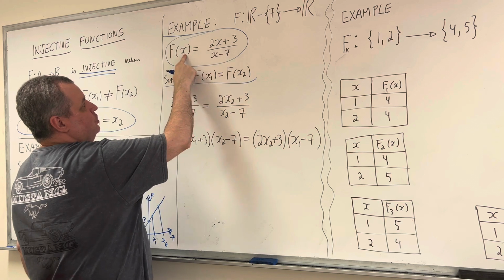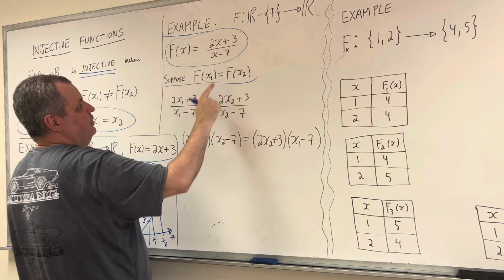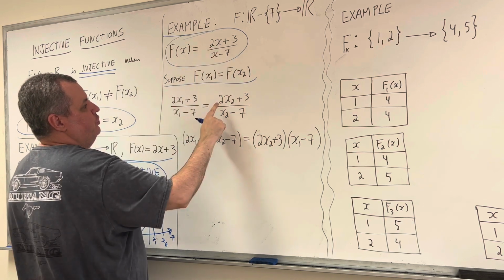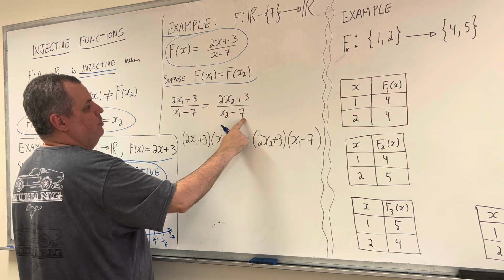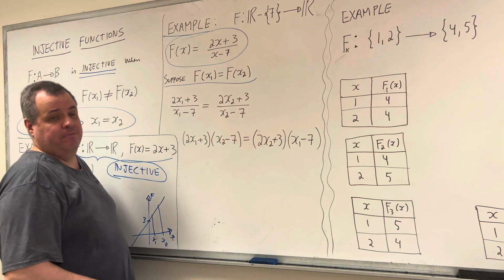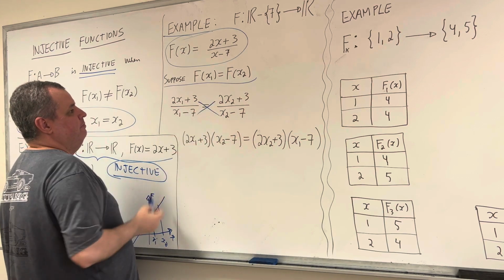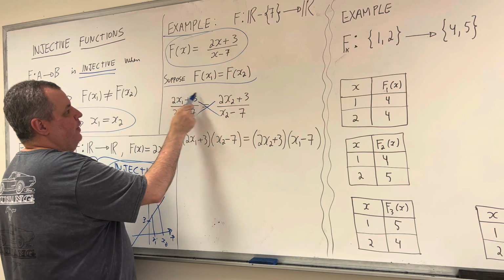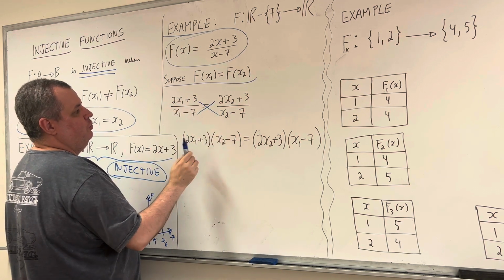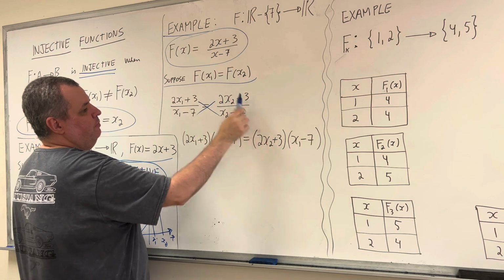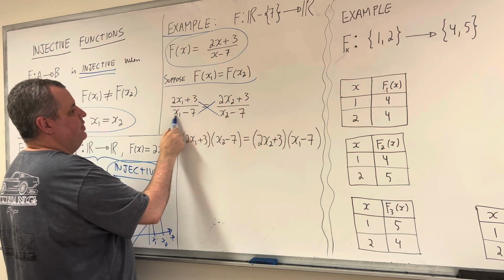So I plug x2 here instead of x. So it's going to be 2x2 plus 3, divided by x2 minus 7. Okay? Now I cross multiply, so I have this numerator times this denominator here equals this numerator times this denominator.